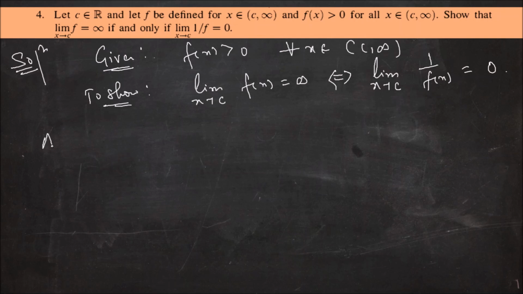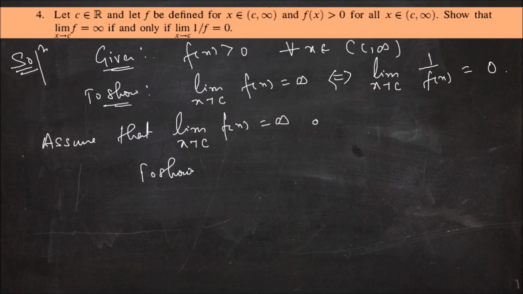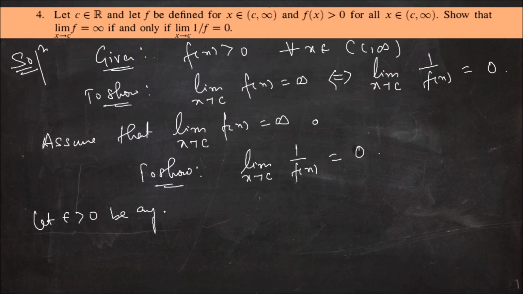So first assume that limit x tends to C, f x is equal to infinity. So we have to show limit x tends to C 1 by f x is equal to 0. Because we have to show this to be 0, we will take let epsilon greater than 0 be any real number.